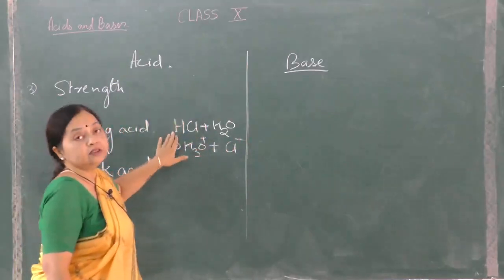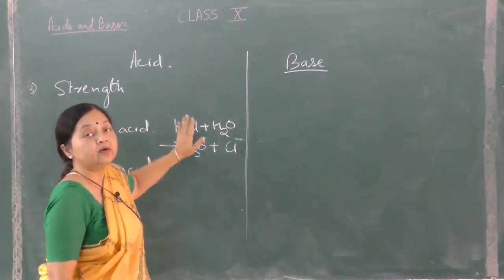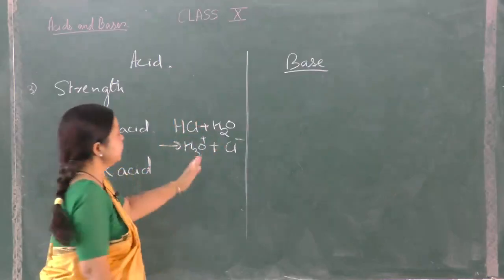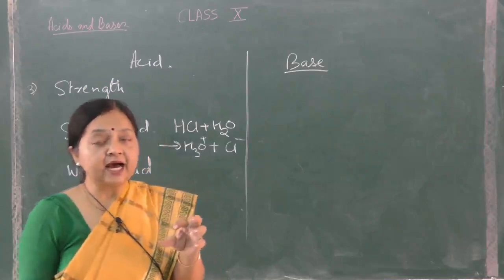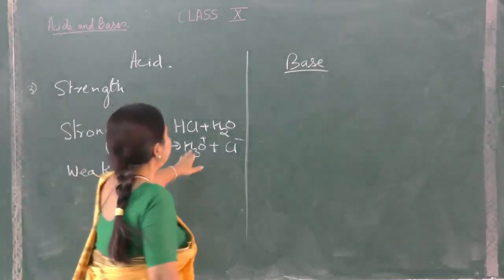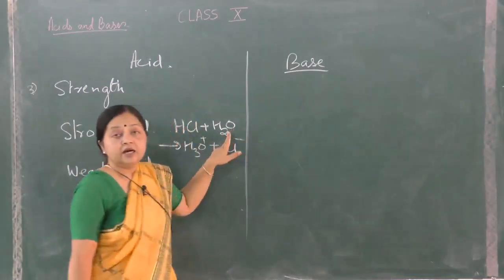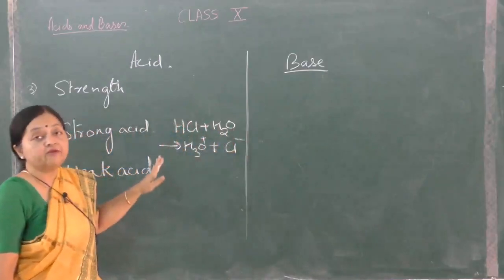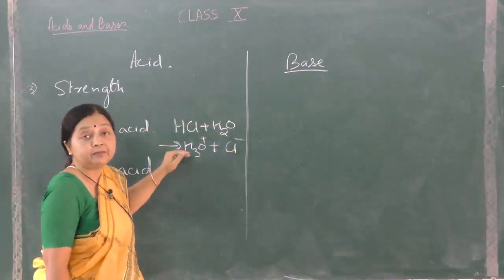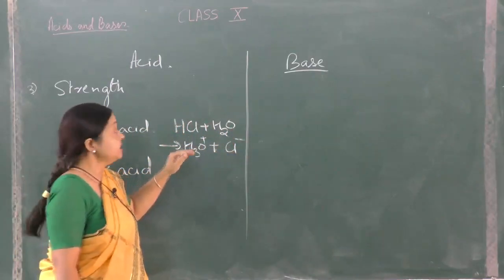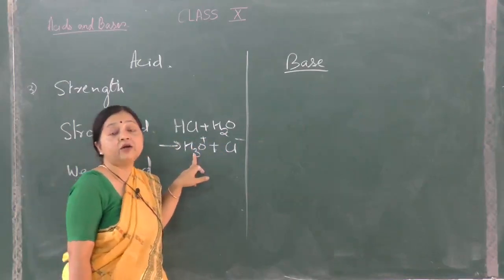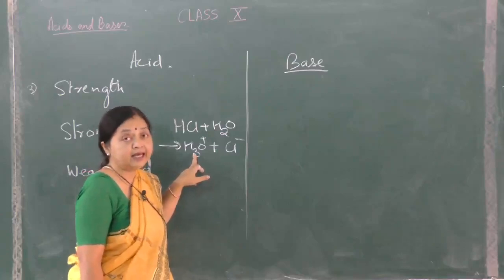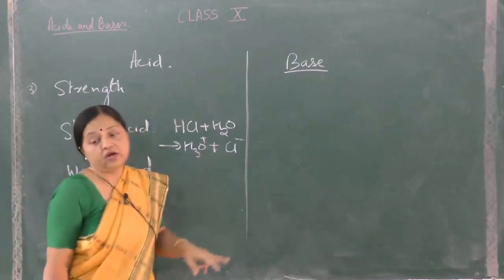The whole of the HCl present is dissociating into H plus and Cl minus ions. Then naturally the concentration of hydrogen ion is high, and if hydrogen ion is high, then hydronium ion also will be high. So if it is a total, complete dissociation and the concentration of the hydronium ion or hydrogen ion is high, then it is called a strong acid.